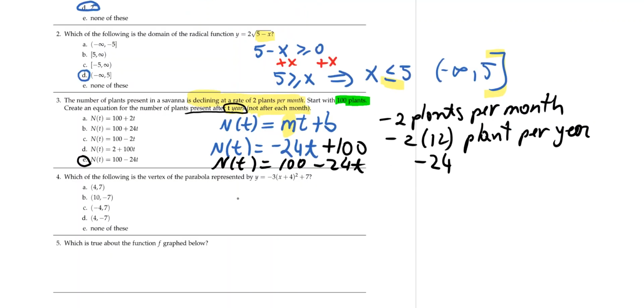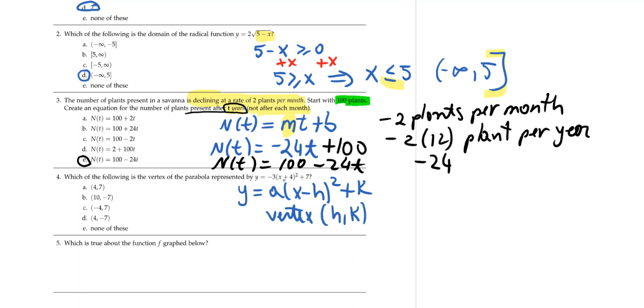E. Which of the following is the vertex of the parabola given by this? Well, you need to remember the formula for a parabola in vertex form is y equals a times (x minus h) squared plus k, where the x-coordinate of the vertex is h, and the y-coordinate of the vertex is k.